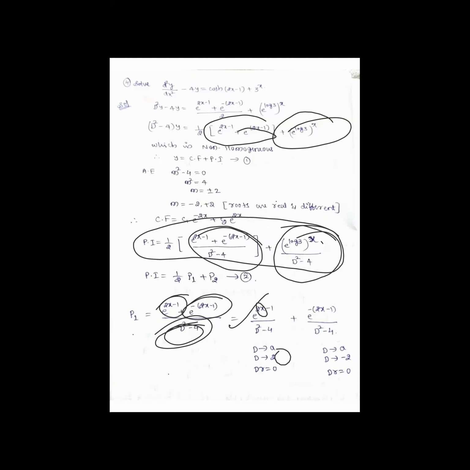Next, here also d is replaced by a, what is the coefficient of x? That is minus 2. In both the cases, when you substitute 2 square minus 4, the denominator is reduced to 0. Minus 2 square means 4, 4 minus 4 will be 0. In both the cases, the denominator is reduced to 0.